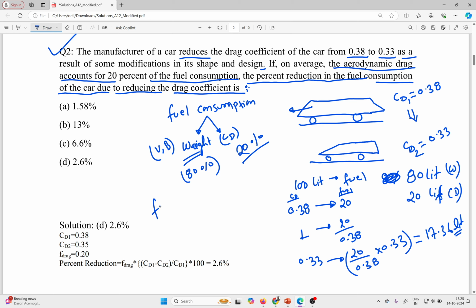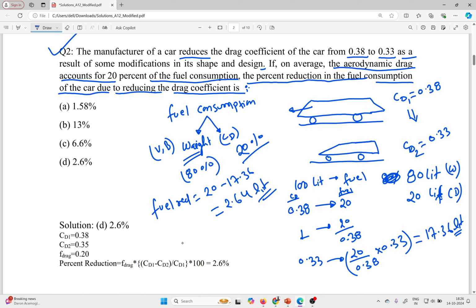That is the fuel reduction. Previously was 20, now 17.36. 20 minus 17.36, it will come around 2.64 liter. This much amount reduces.